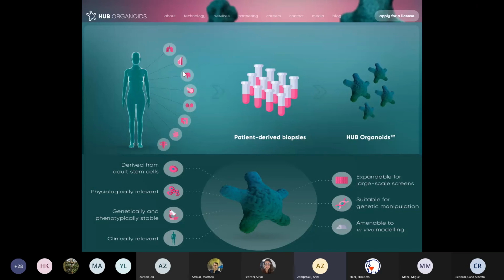They are physiologically relevant. They are also genetically and phenotypically stable, clinically relevant, and can be used for large scale screens, and they are suitable for genetic manipulation, and also amenable for in vivo modeling.